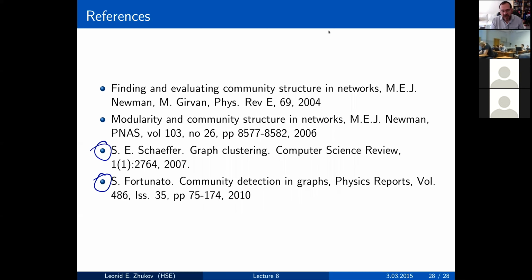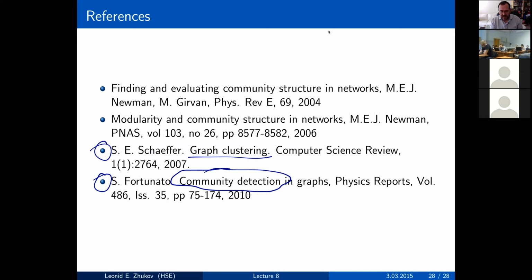Those papers are about community detection. At this moment, communities in networks is probably the most stable and widely used terminology. And people quite often refer to graph clustering as a way to find communities through graph similarities.